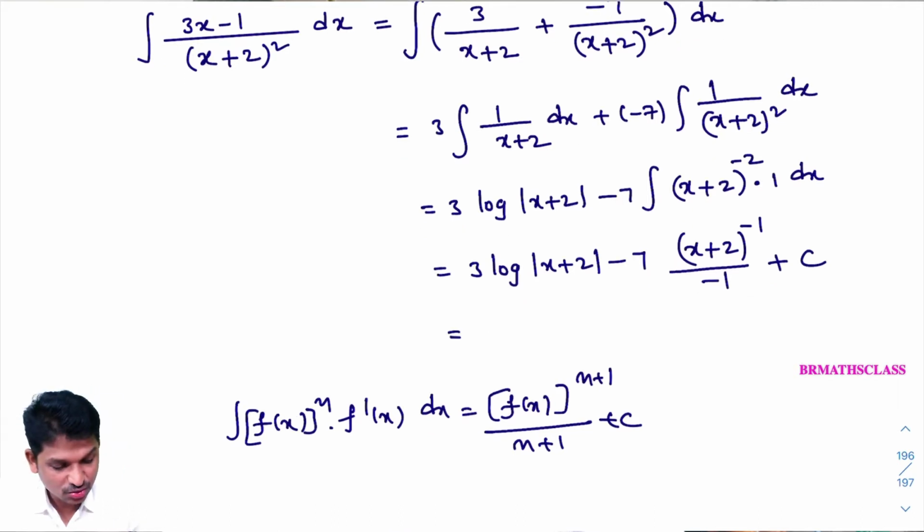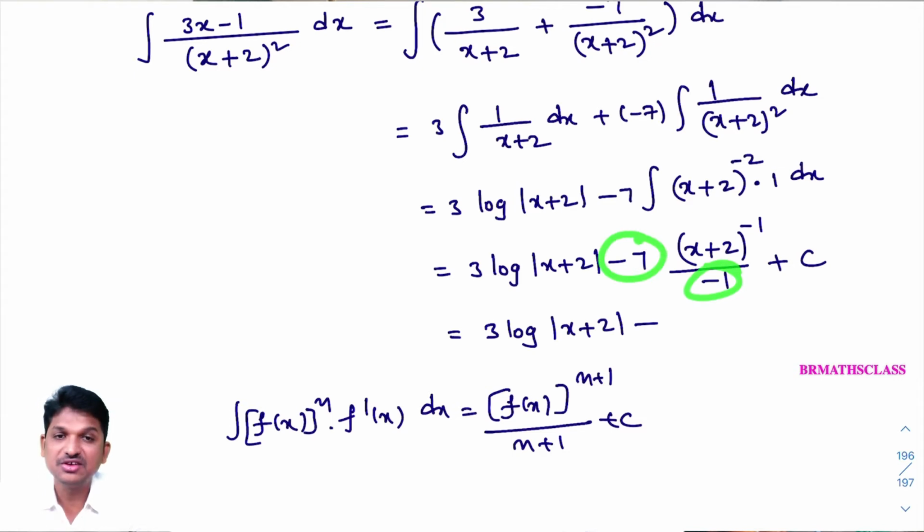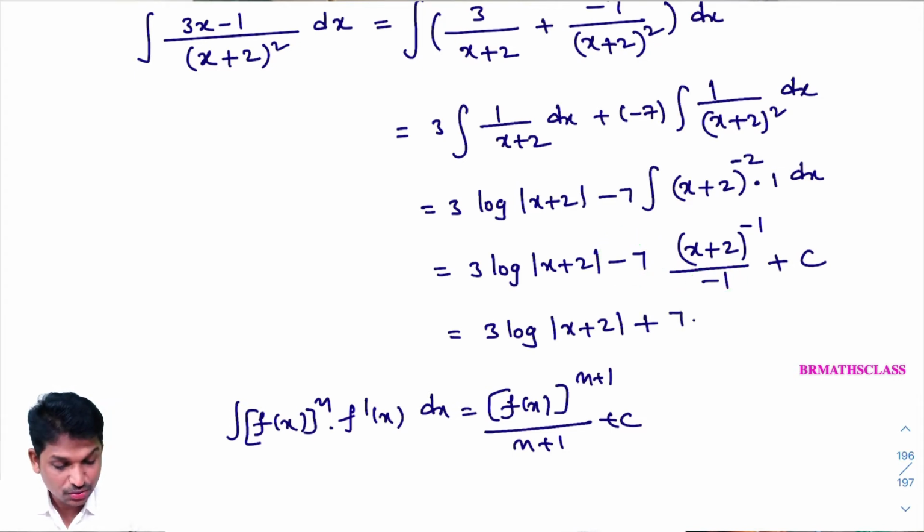This equals 3 log mod x plus 2 minus, look here, minus is there, here minus is there, the minus of minus will become plus. So plus 7 into, here x plus 2 whole power minus 1 is there, that can be written as 1 divided by x plus 2, plus c. I hope you are understanding. Let me check whether we got the textbook answer or not.